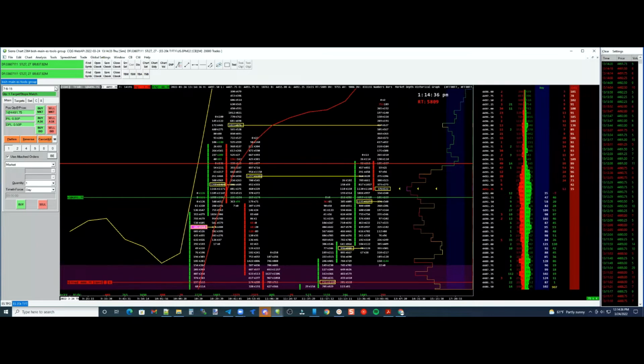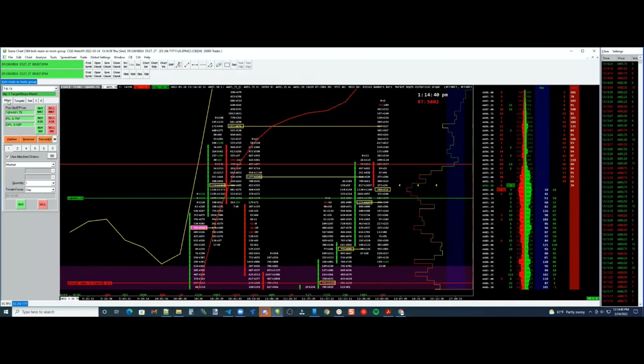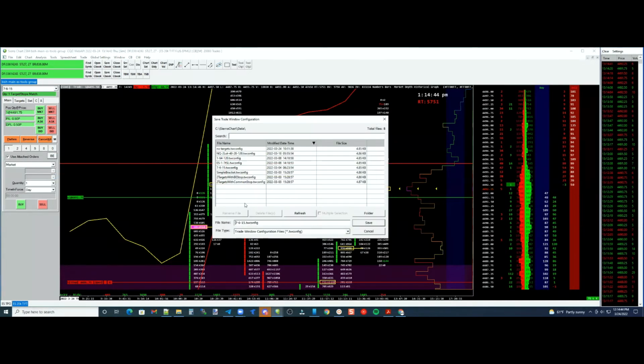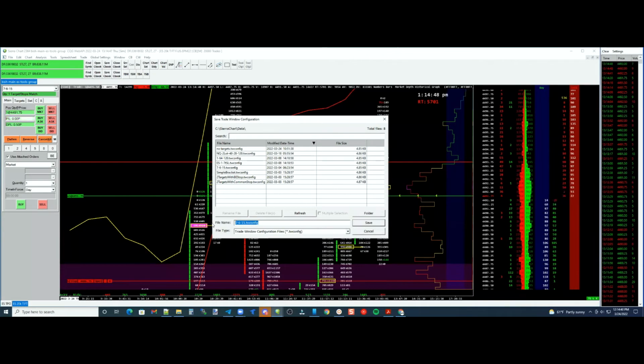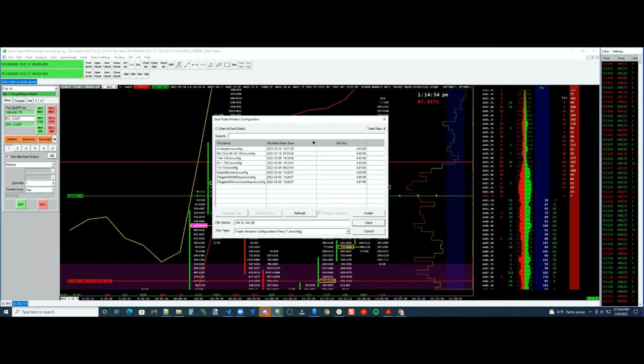So remember, if this is your setup, then what you want to do is come in here, hit M, and hit save configuration. And then down here, you're going to say, for me, I do a 20 tick stop loss, 40 tick profit take, 1 lot. All right, so I do that.